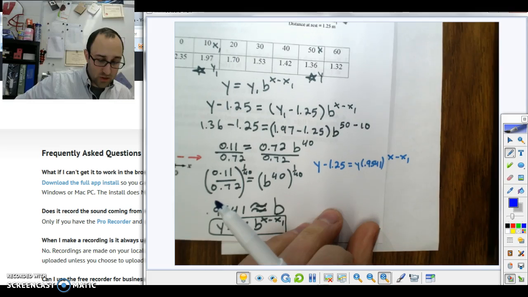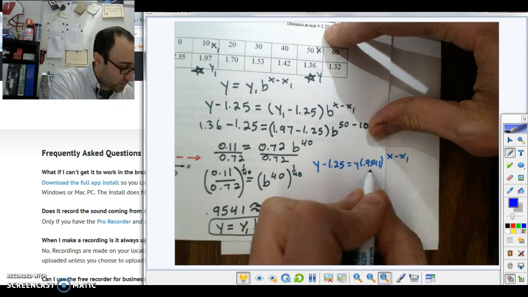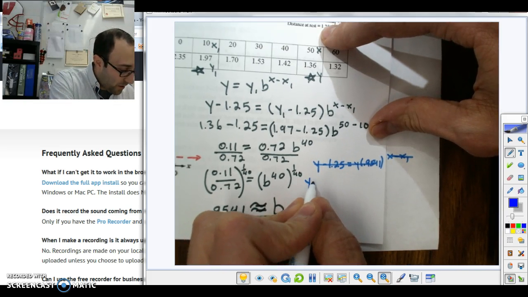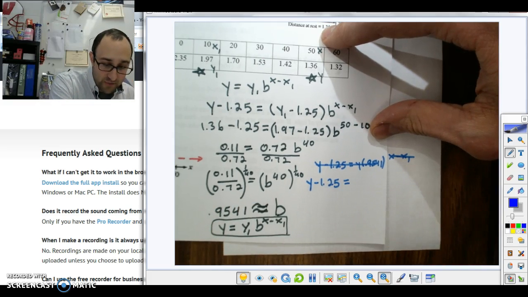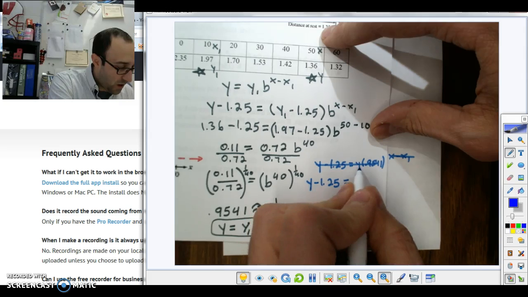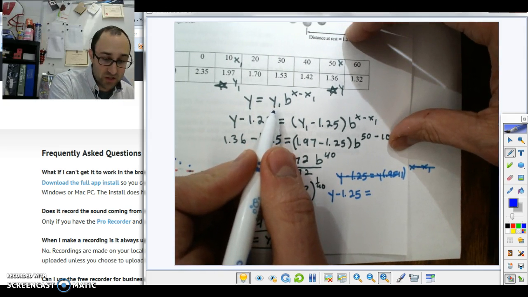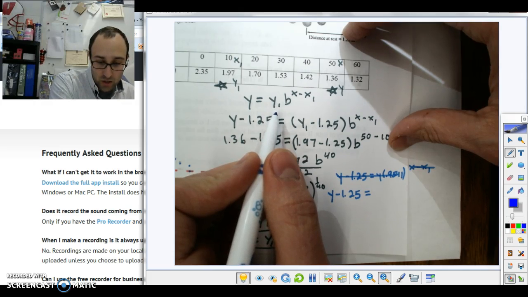So now let's just choose a point. Does it really matter which point we choose? Not really. Let's just strike that and try this again. It's going to be y minus 1.25 equals, let's choose any point. Let's say it's the first point. So my y1 in our original is going to be 1.97.